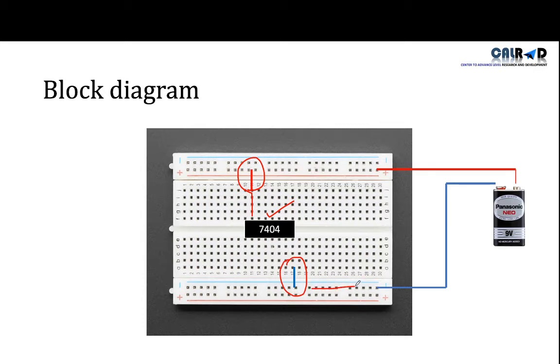Fourth, we will connect the output, the second pin, with a resistor, and this resistor will be connected with our LED, and our LED is connected with the negative terminal. Finally, pin 1 will be used for input.